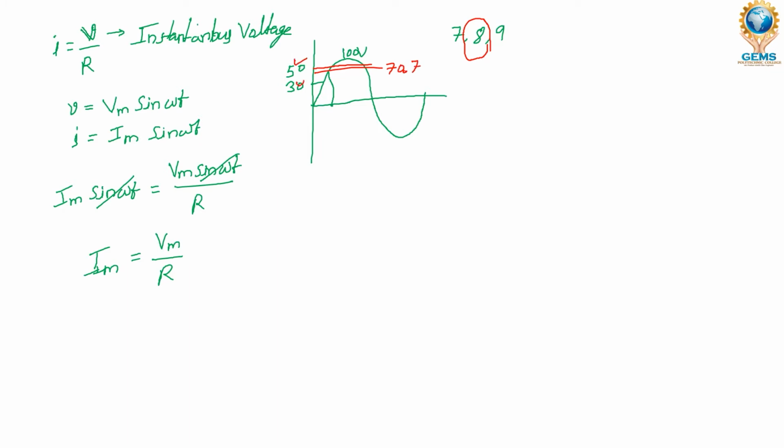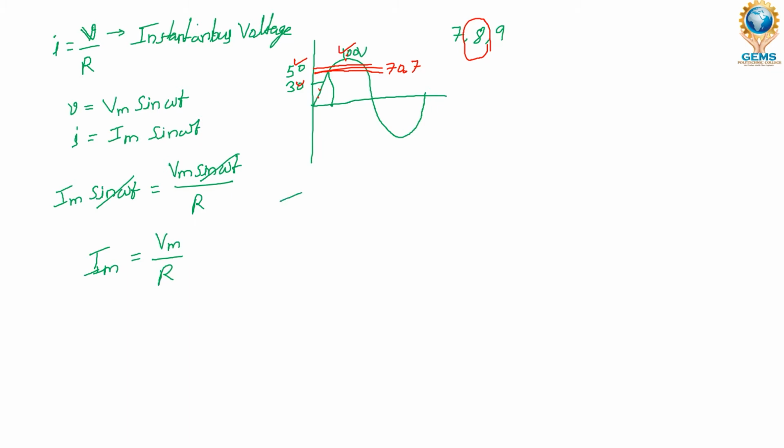Taking the values 30, 50, 100 from here to here, we get different values, but the average value will come around 70.7. So I average equals 70.7 percent of the maximum.